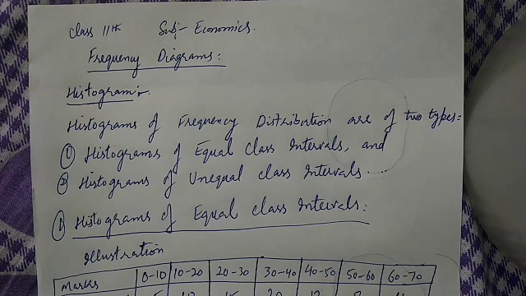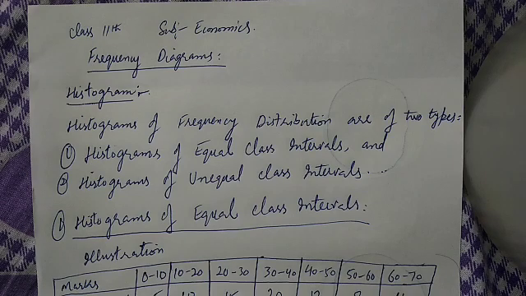The width of the rectangles is according to the width of the corresponding class intervals, and the height of the rectangles is in proportion to the frequencies of the class intervals. Different rectangles meet each other from left to right.